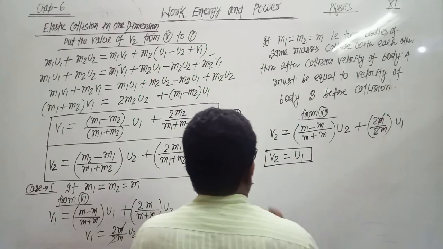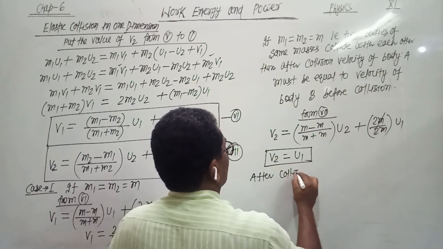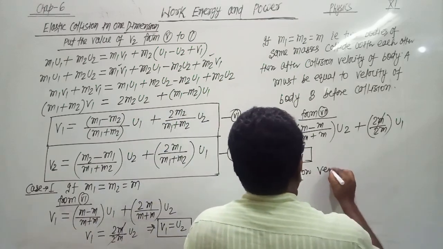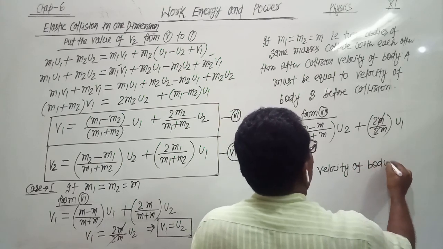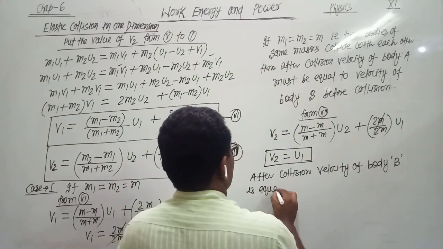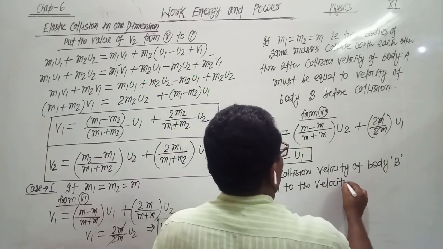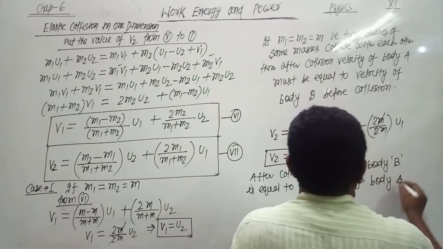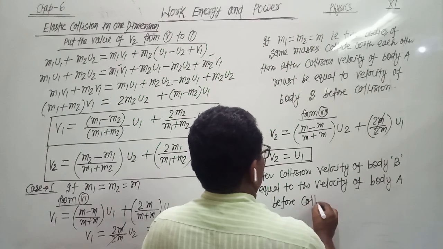So v2 equals u1 means after collision, the velocity of body B is equal to the velocity of body A before collision.